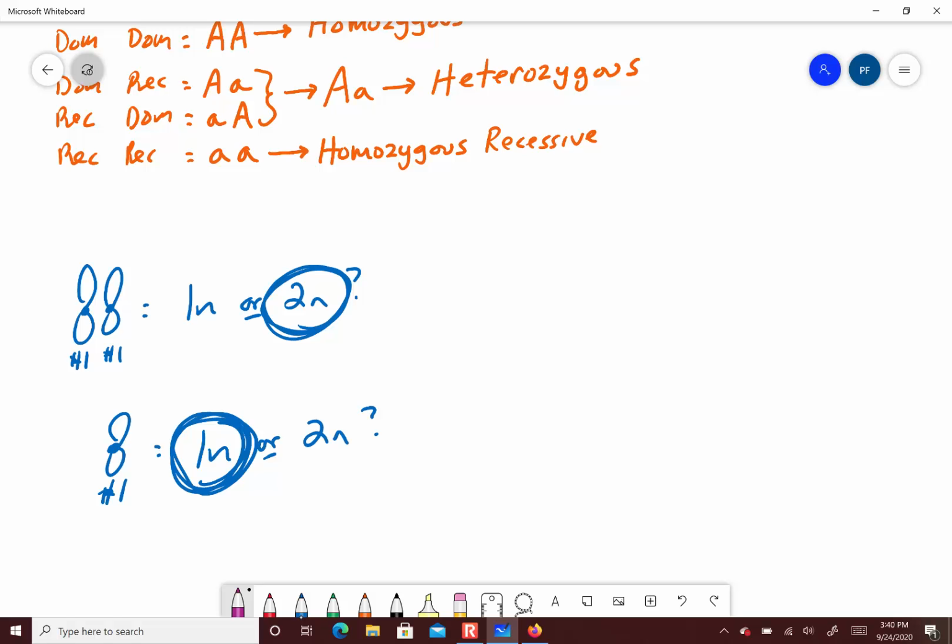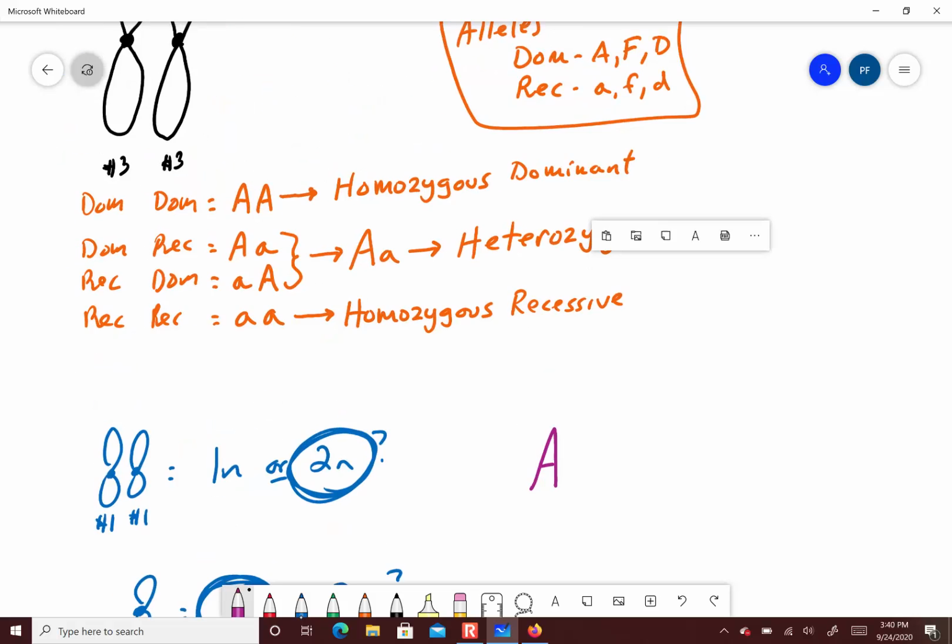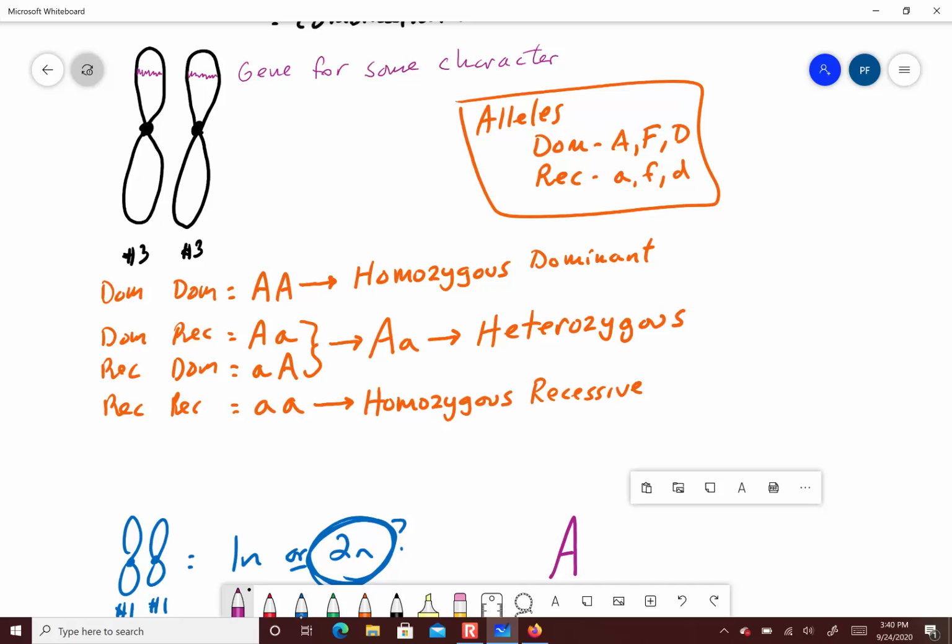What if now I wrote just big A? Remember, you can look back up here. This has 2 number 3s, this would be 2N, and it has 2 big A's, or 1 of each, or 2 little a's. So how many A's are in this up here? 2. Doesn't matter if they're small or big, there are 2 A's.